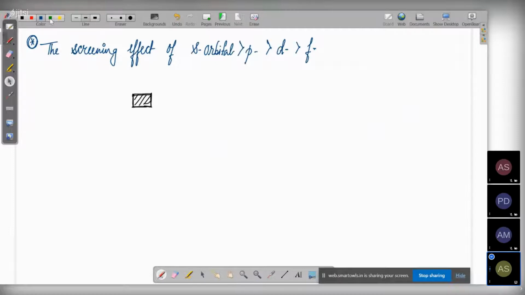So now tell me, which is a better line of protection? If your army is arranged in this way, or in this way?